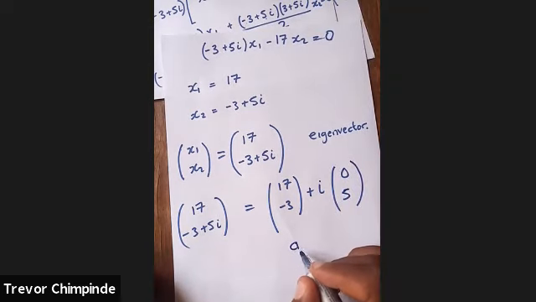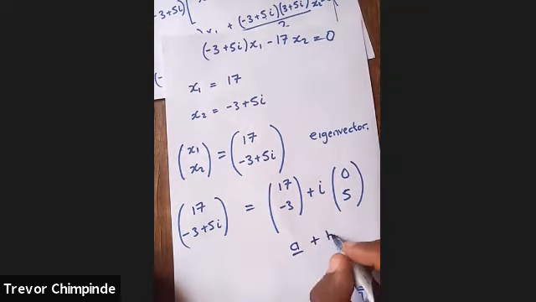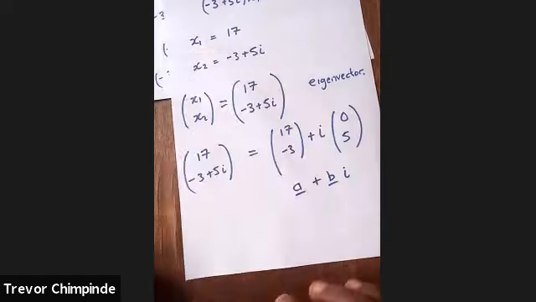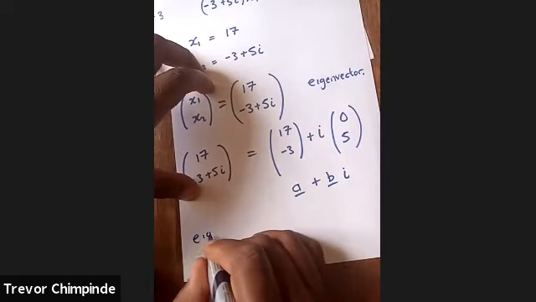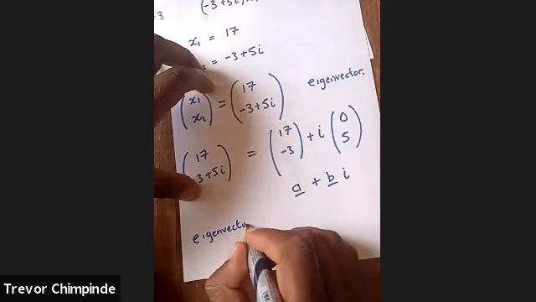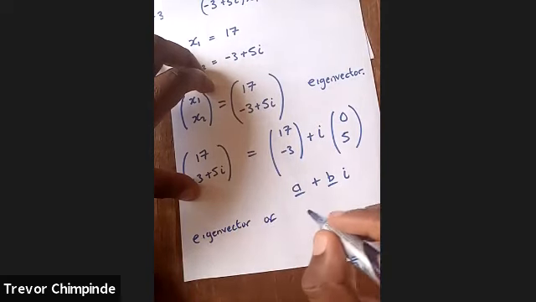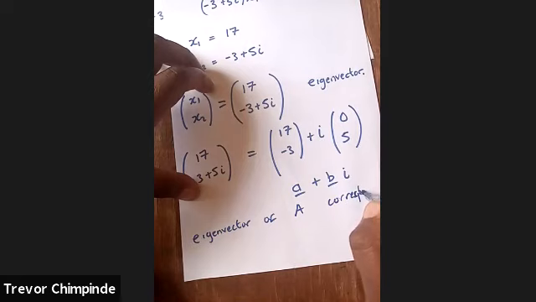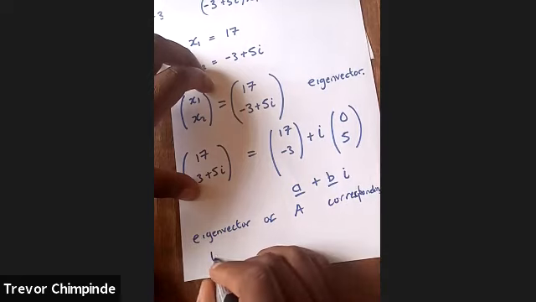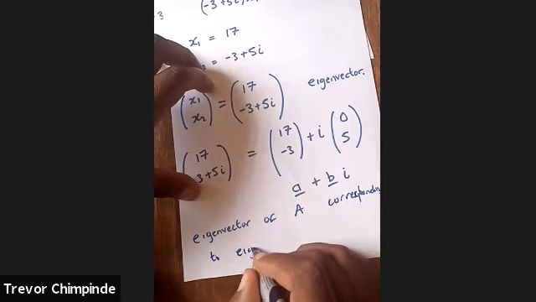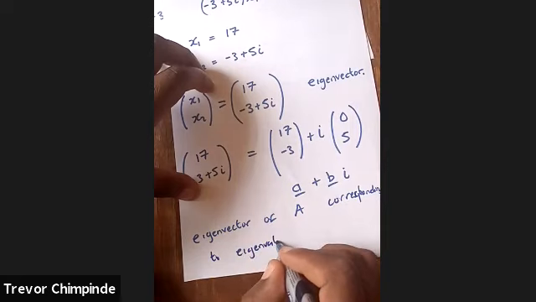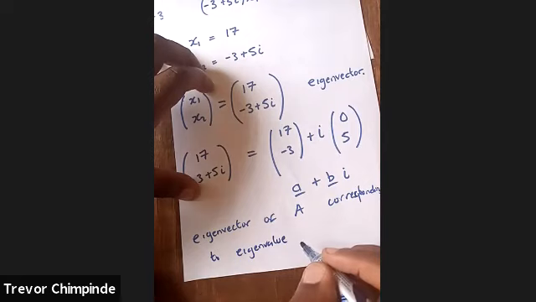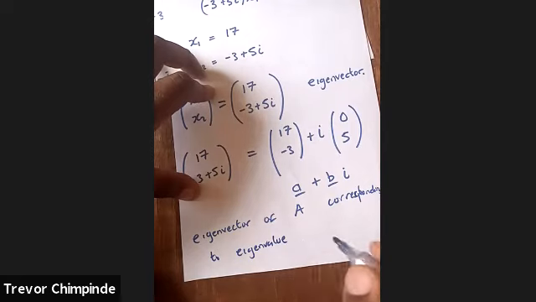So this is the form a plus bi, with vectors. So this is the eigenvector of the given matrix A corresponding to the eigenvalue. What was the eigenvalue? It was -1 minus 5i.